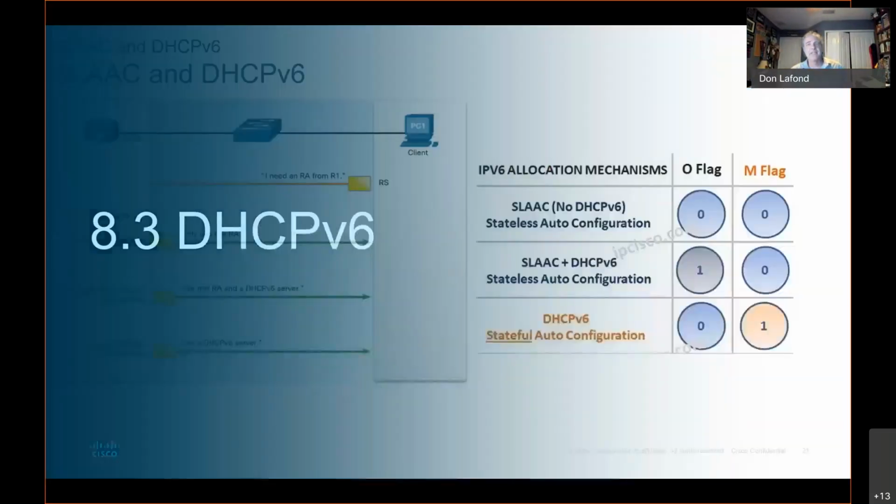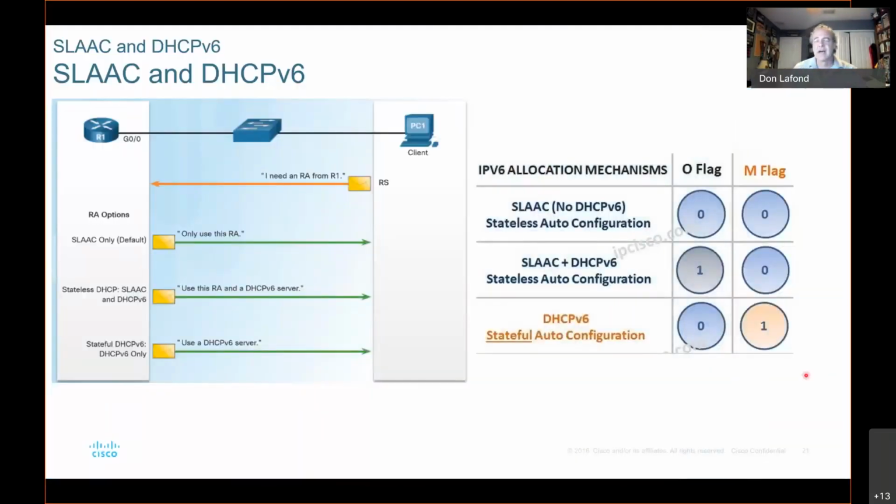Now, that is SLAAC. Now, we also have to talk about DHCPv6. DHCPv6 can be either stateless or stateful. It's stateful if the address is this bottom option where the manage flag is set.